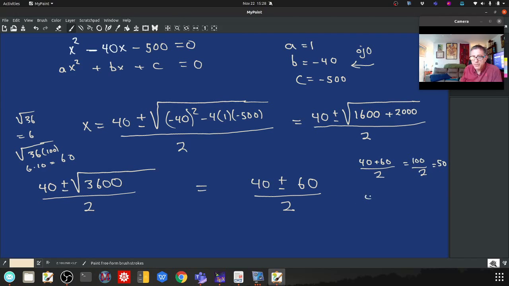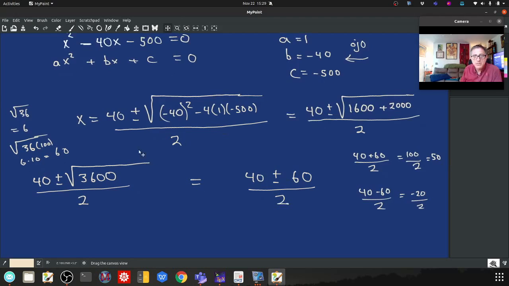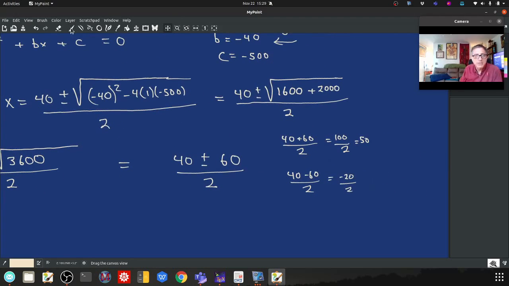The other is 40 minus 60 divided by 2, which is minus 20 divided by 2, which is minus 10. And these are values of x.